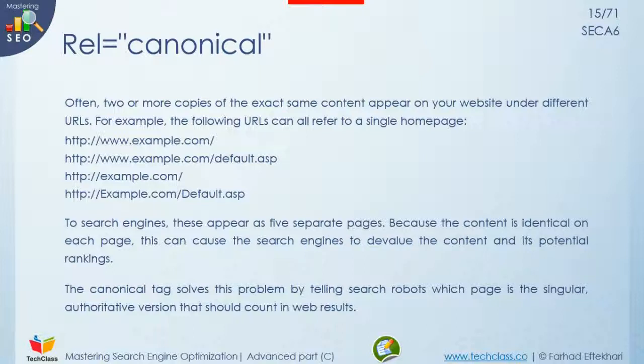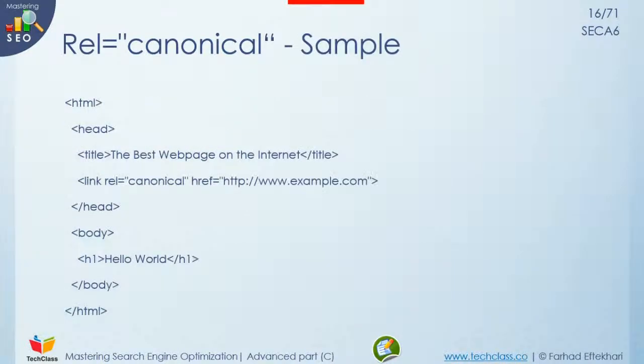That makes the content of your web page a little bit less valuable. And here is also a sample for that. For instance, we have this part here, link rel equal to canonical, and href with this link, which is different from the link that it may visit, for example without this www part.